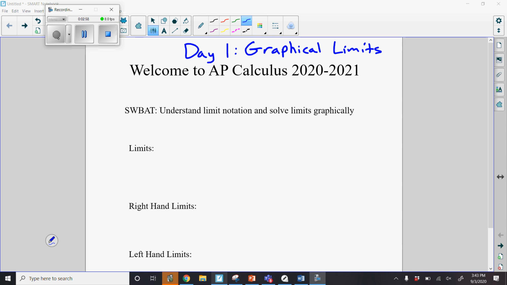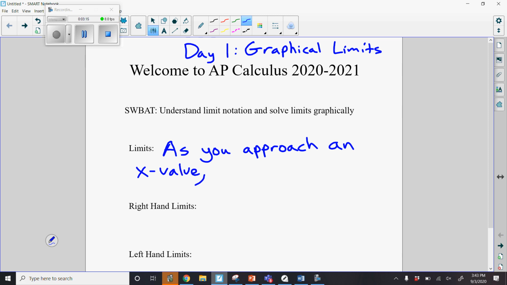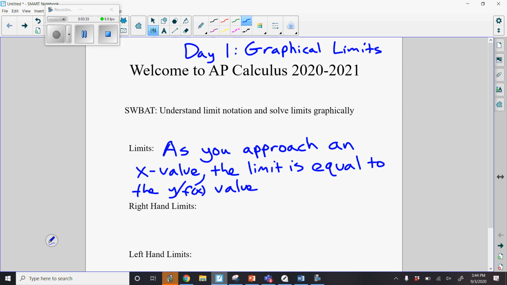So limits. Again, as you approach an x value in a function, that could be a function written out in function notation, a function that we see a graph of, or a function that we see a table of.